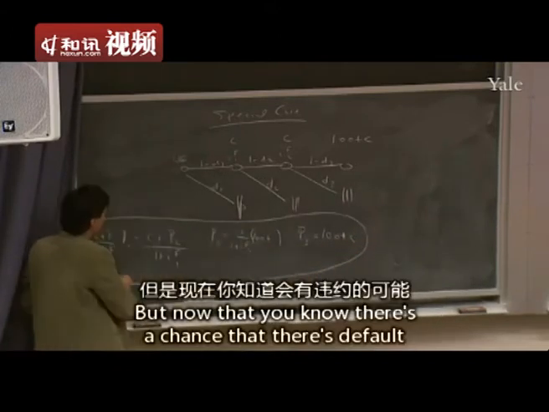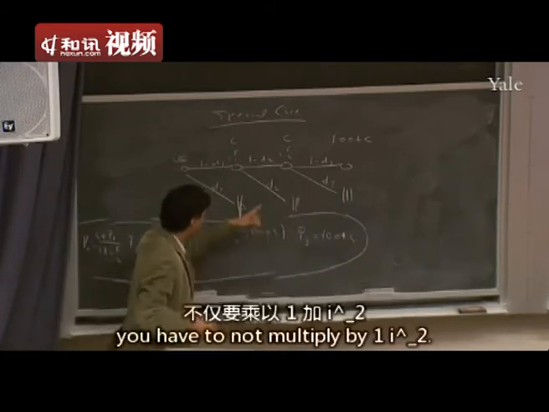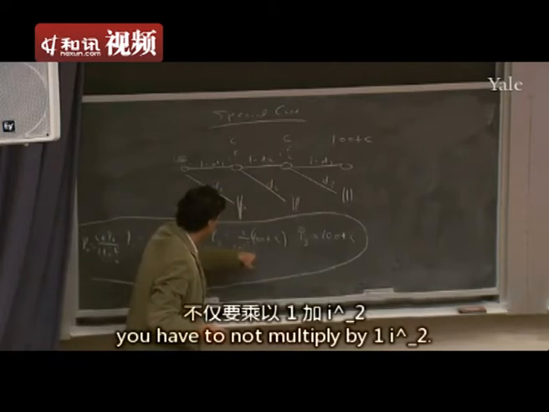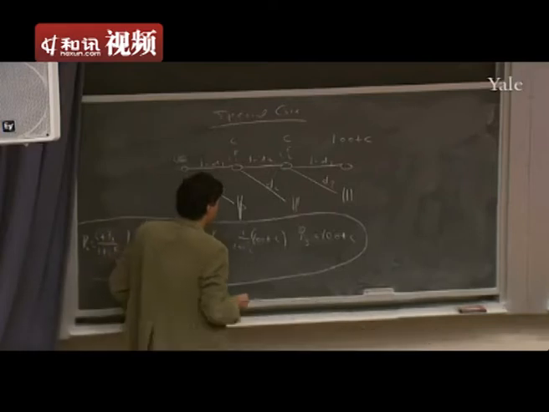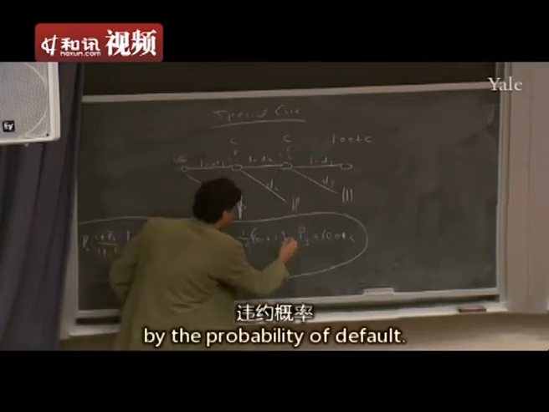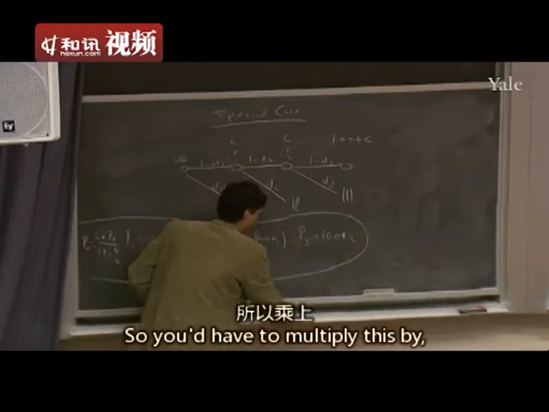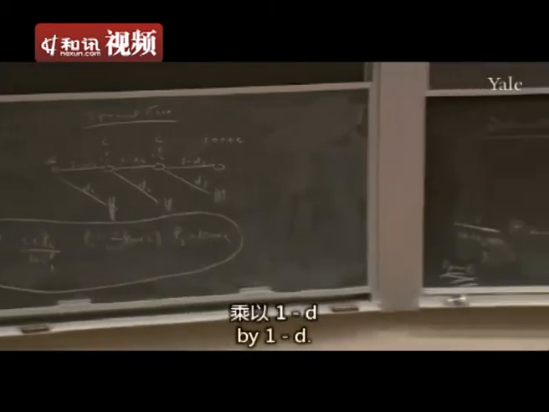But now that you know there's a chance that there's default, you have to multiply all these things by the probability of no default.